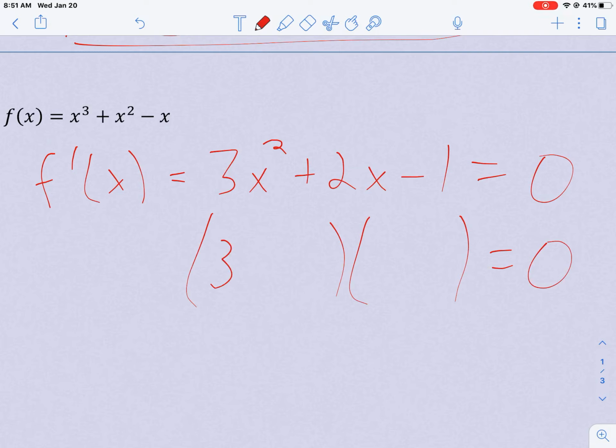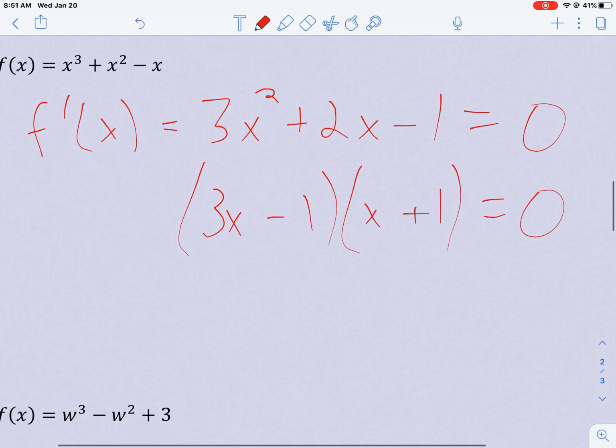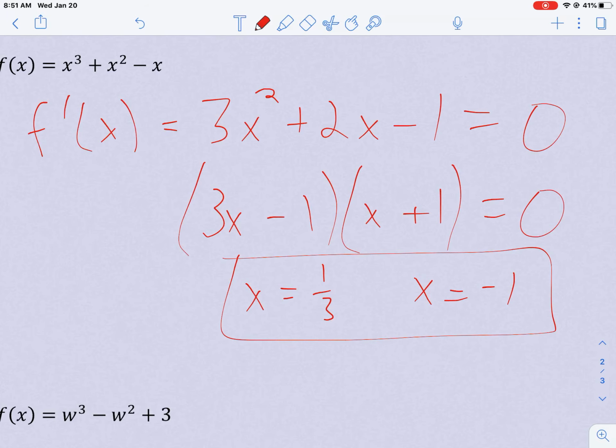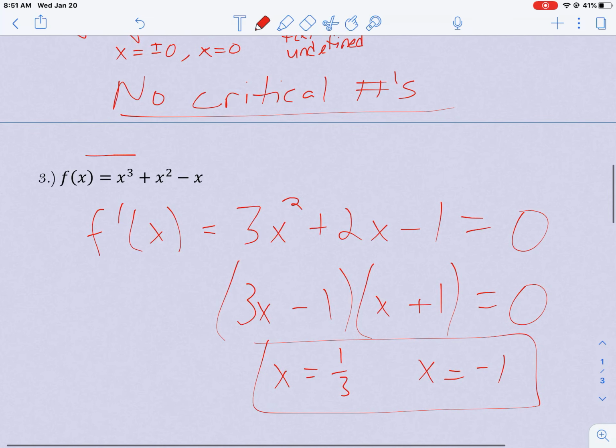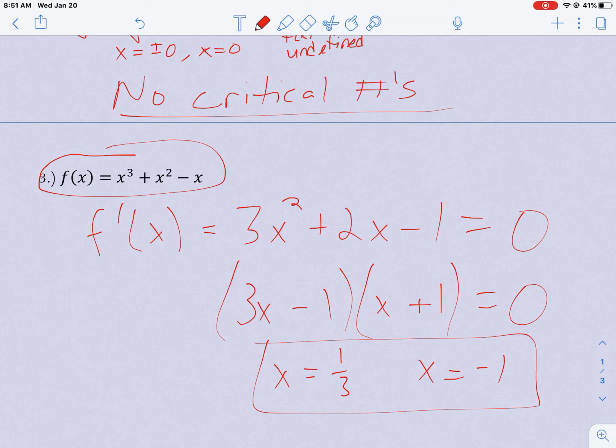We get 3x and x, and then minus 1, plus 1. So that does work out, and we get x equals 1/3 and x equals negative 1. Now remember, the original function is a polynomial function, so it can never be undefined. It doesn't matter what x you plug in, it's always going to spit out a number.